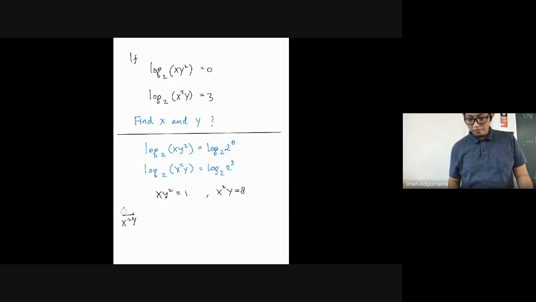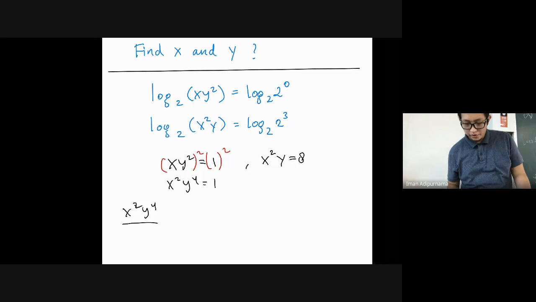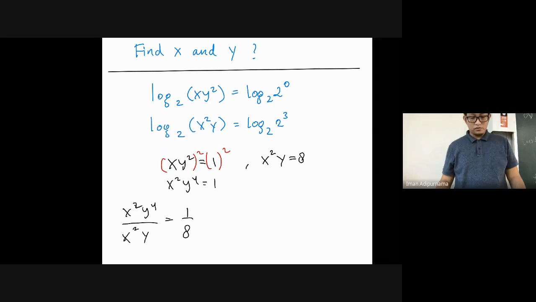This way you can have some ratio, or you can divide this and this. Let me square this first. If I square this, it will be x squared y to the fourth, and the right side is still one, right? And x squared y to the fourth divided by x squared y is 1 over 8.